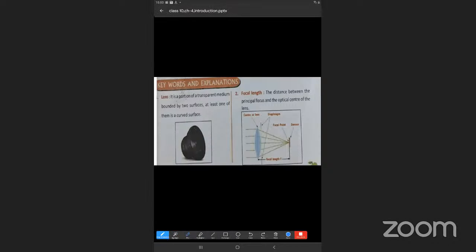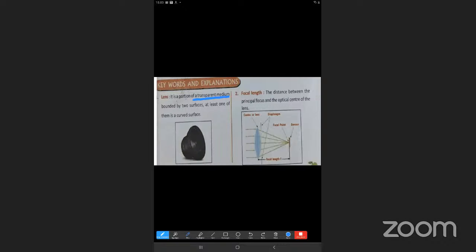The first one is lens. A lens is a portion of transparent medium bounded by two surfaces, and at least one of them is a curved surface.